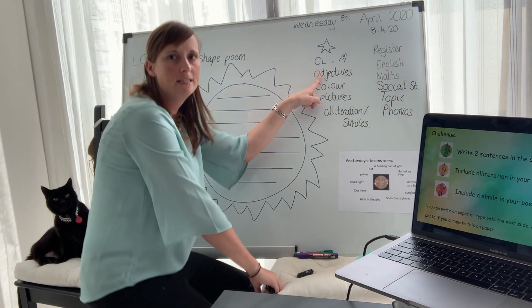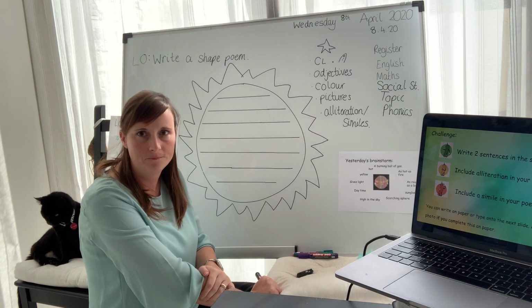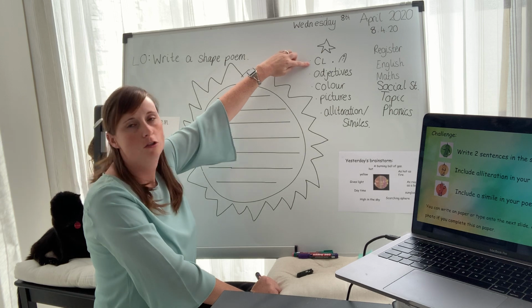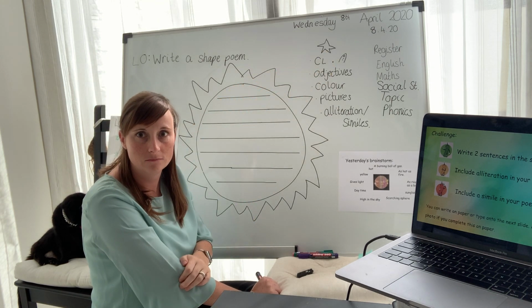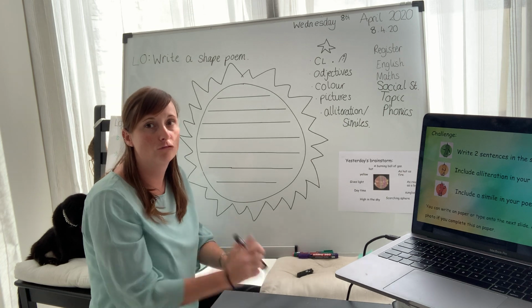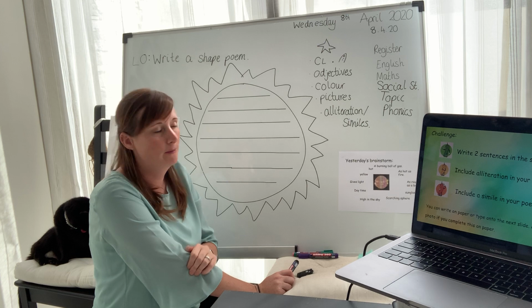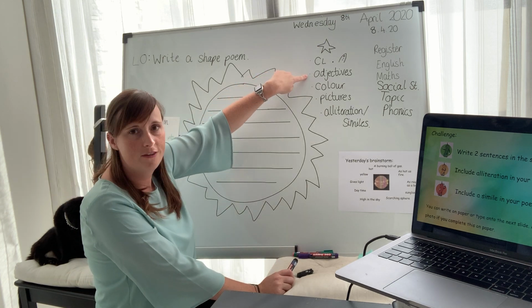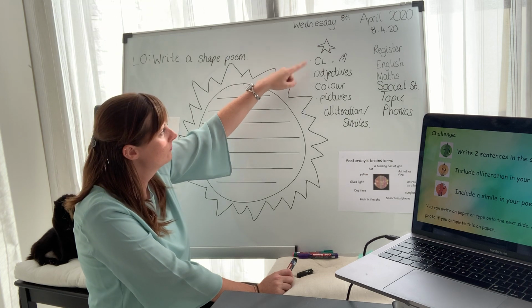Now I've put today's success criteria that some of us on the Zoom call created yesterday, and we thought that our poems needed to have capital letters, full stops, and finger spaces. Whether you're typing or whether you're writing, they must always have capital letters, full stops, and finger spaces. We thought that we should have some adjectives, some describing words.